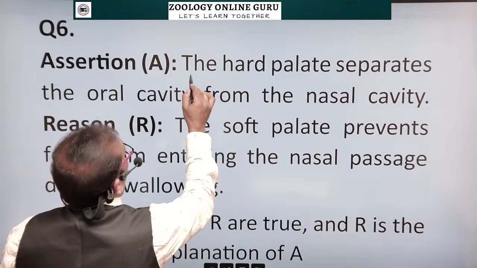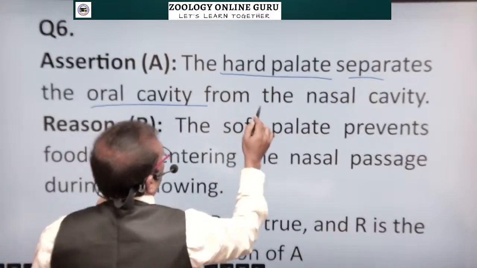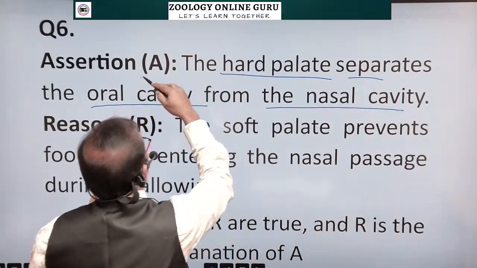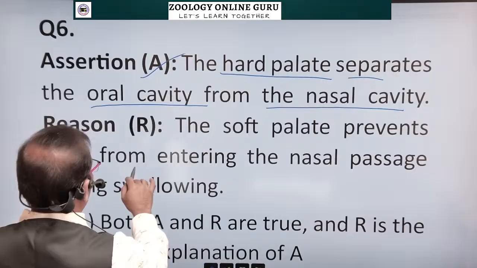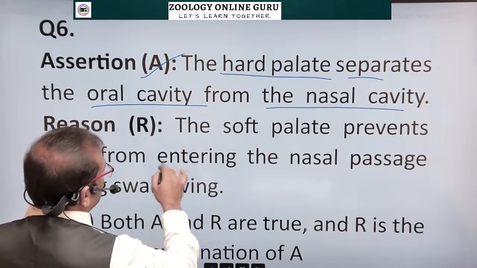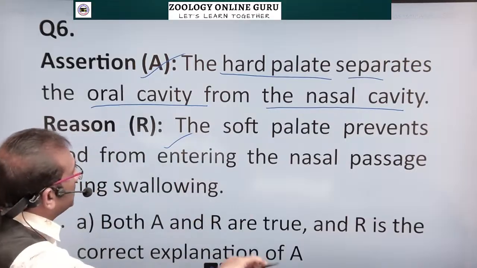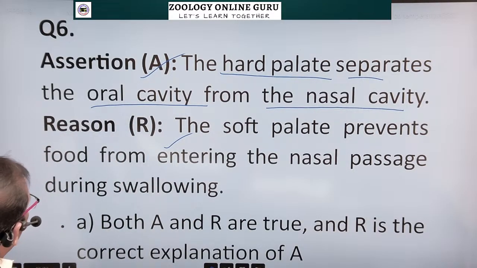Reason: the soft palate prevents food from entering the nasal passage during swallowing. Yes, this is correct. Good.